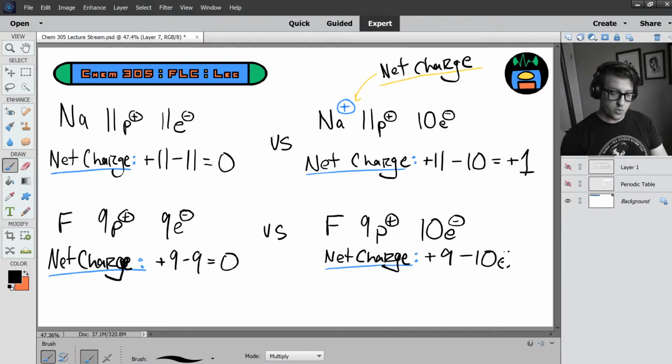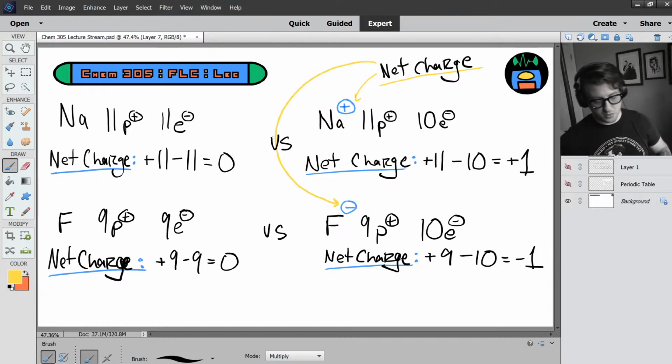So positive 9 minus 10 gives us a net charge of negative 1, and we write that superscripted to the right of our elemental symbol, just like so. Just like we did with sodium. That is where we write the net charge for this ion.